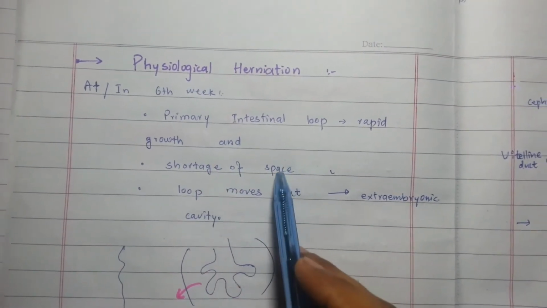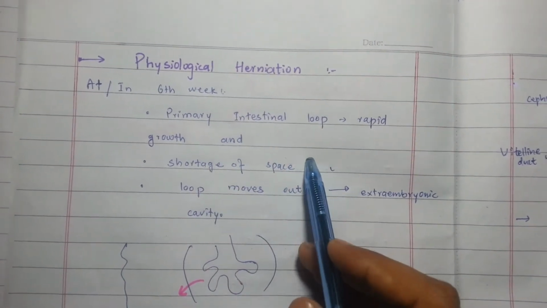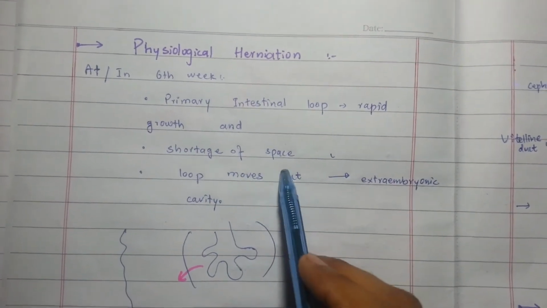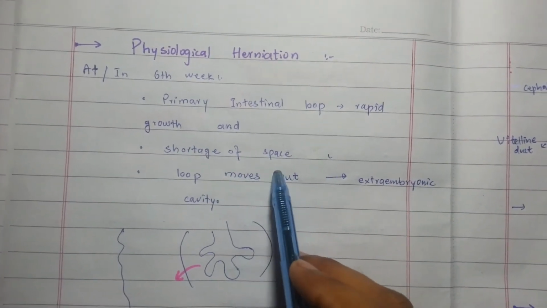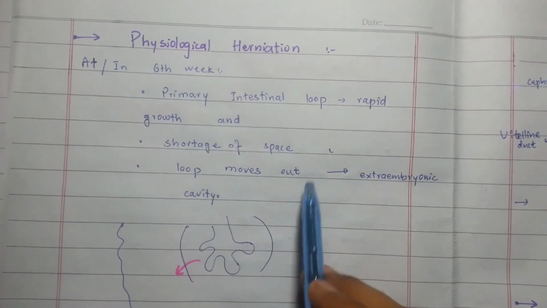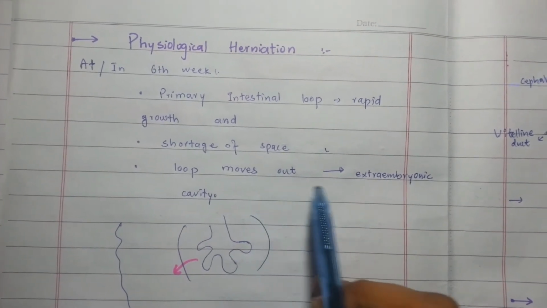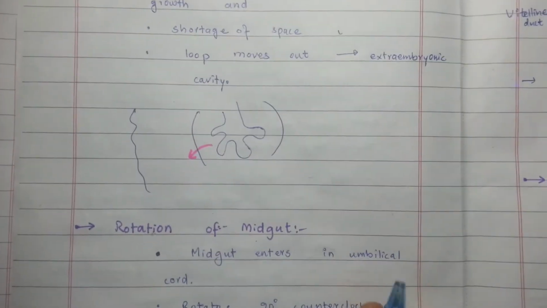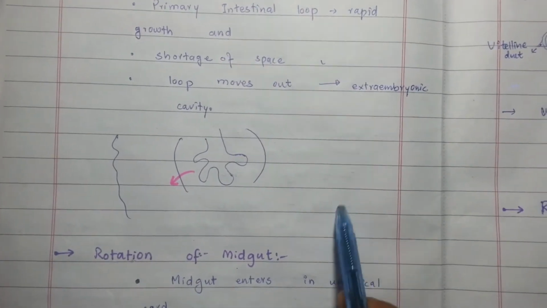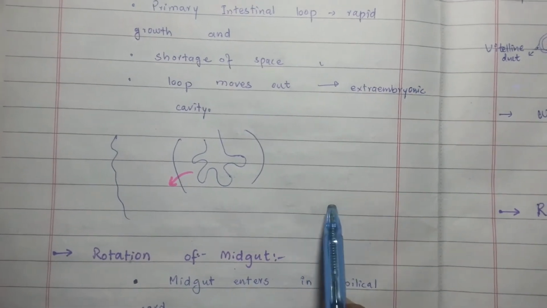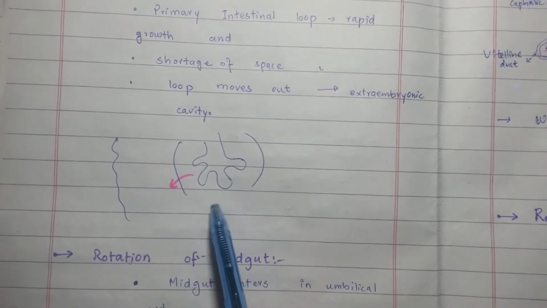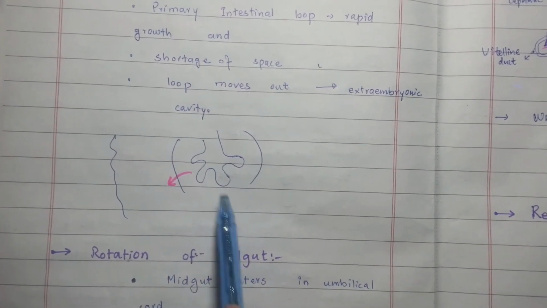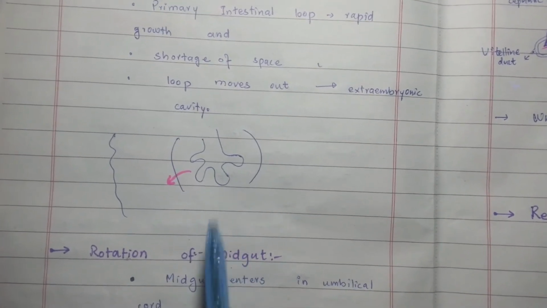The primary intestinal loop rapidly grows, and because of the shortage of space in the abdominal cavity the intestinal loops move out to the extraembryonic cavity. Herniation here means that the primary intestinal loops move to the extraembryonic cavity for some time, because in the abdominal cavity the free space decreases.